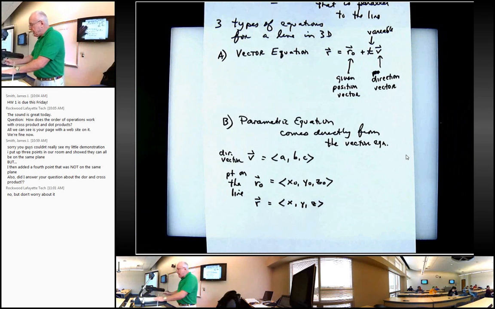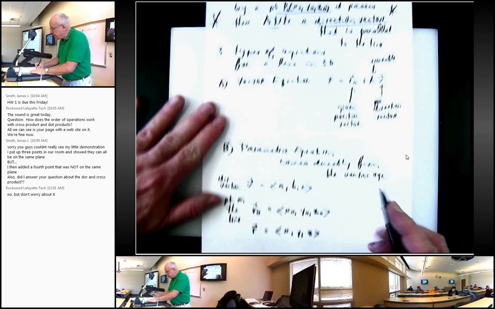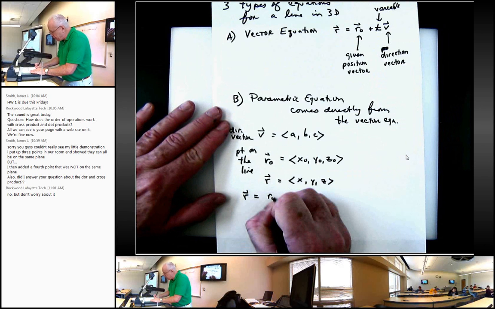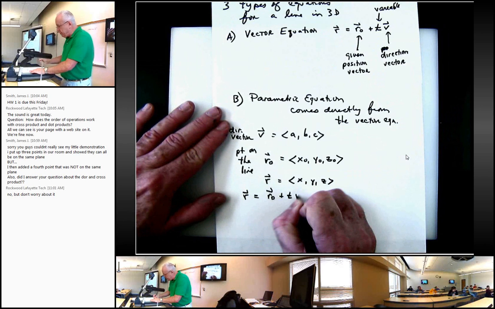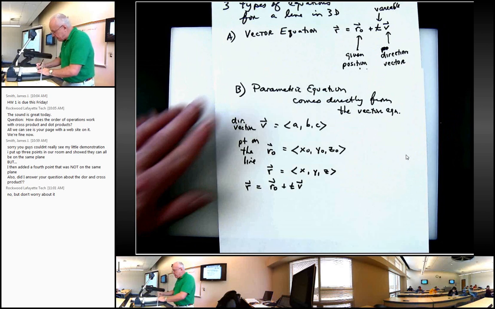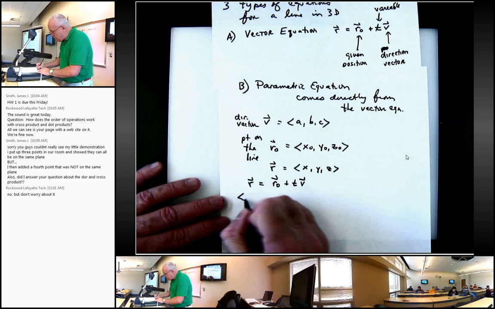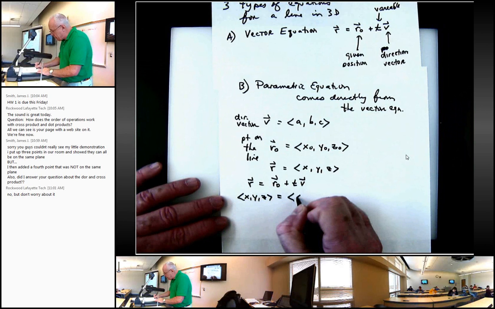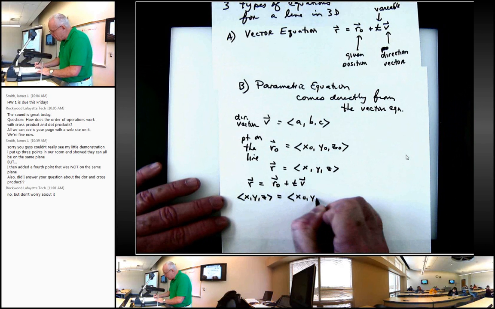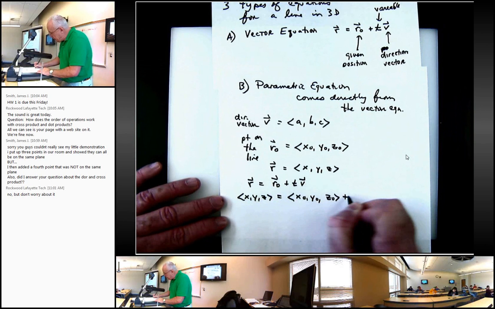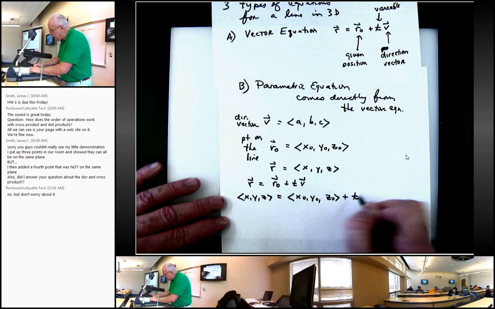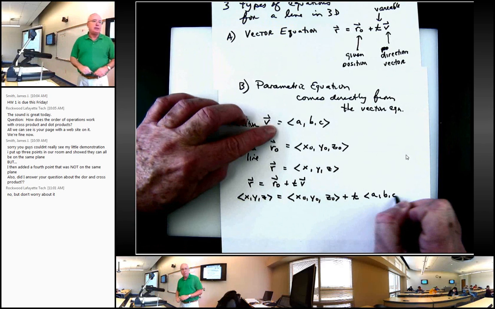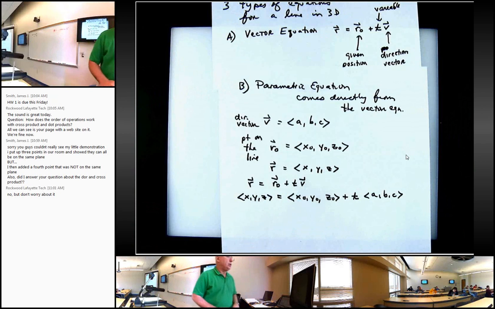So I can change my vector equation, r equals r naught plus variable t times v, into this: the vector x, y, z equals the vector x naught, y naught, z naught plus t times the direction vector a, b, c. I'm just basically expanding out the vector equation.